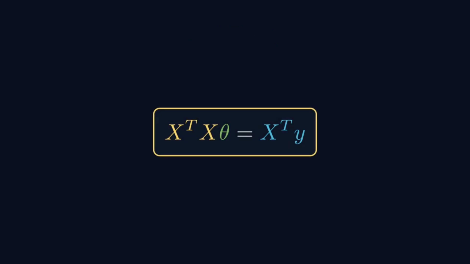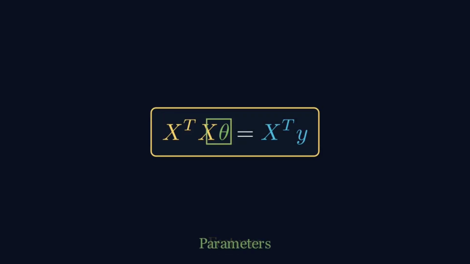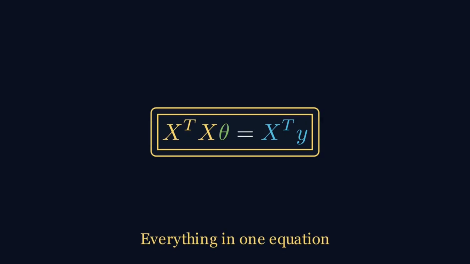So after all of that, we finally arrive here. X transpose X theta equals X transpose Y. At first glance, this might look intimidating, like we've somehow made things more complicated, but something important has happened. Look closely.